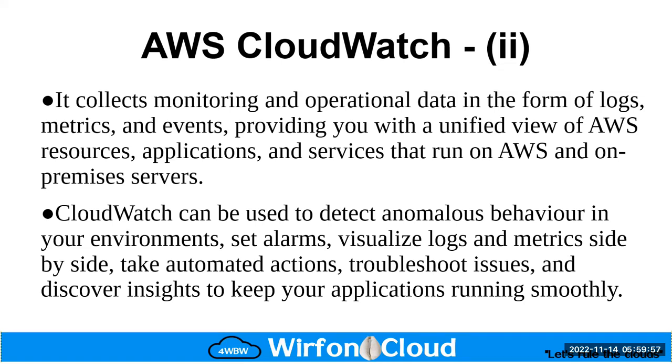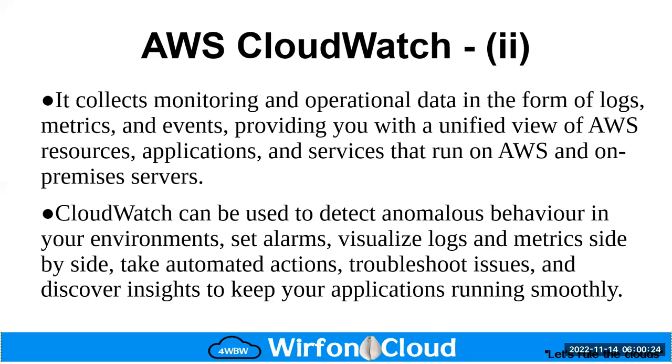So you can use CloudWatch to detect anomalous behavior in your environment. You can set alarms, you can visualize the logs and metrics side by side, and you can take automated actions. Let's say, for example, you're monitoring your EC2 and you have a metric showing your CPU usage is becoming too high.